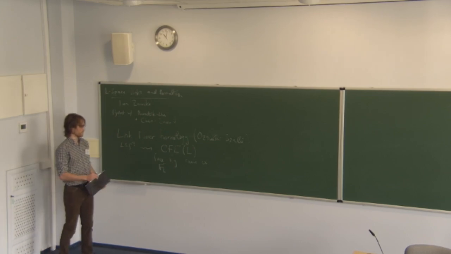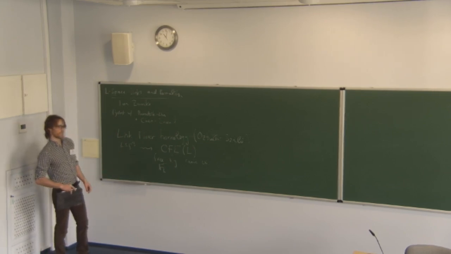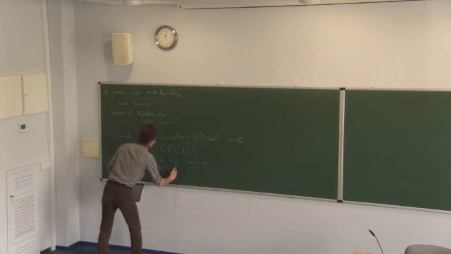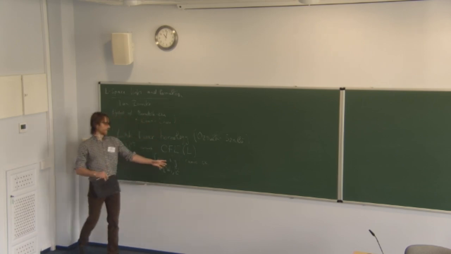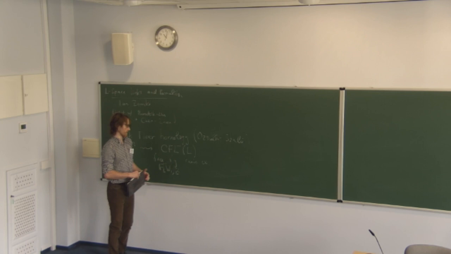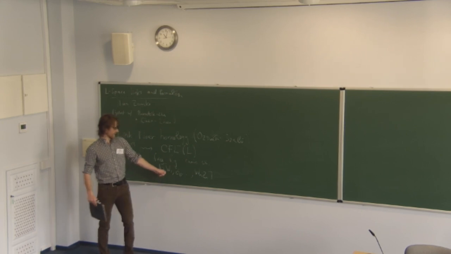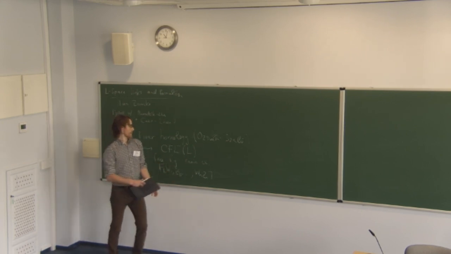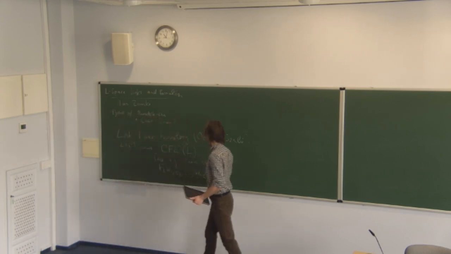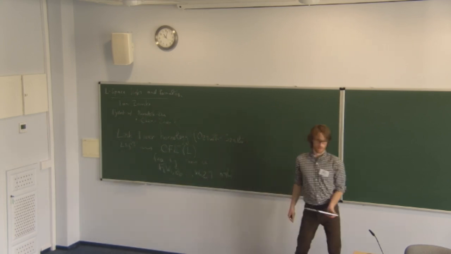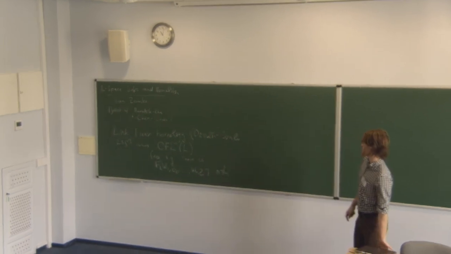If you've seen this before, you might have to adapt the letters you write down for things, but it's a free finitely generated chain complex over a polynomial ring. The number of variables: we have the W's and we have the Z's. We have W variables and Z variables, one for every component of the link. So if I have an n component link, I get 2n variables.